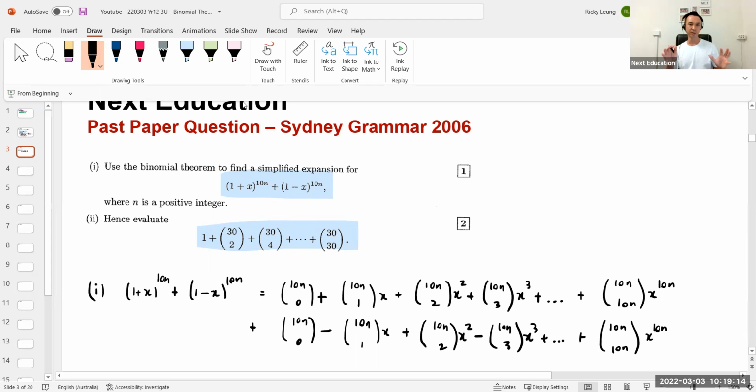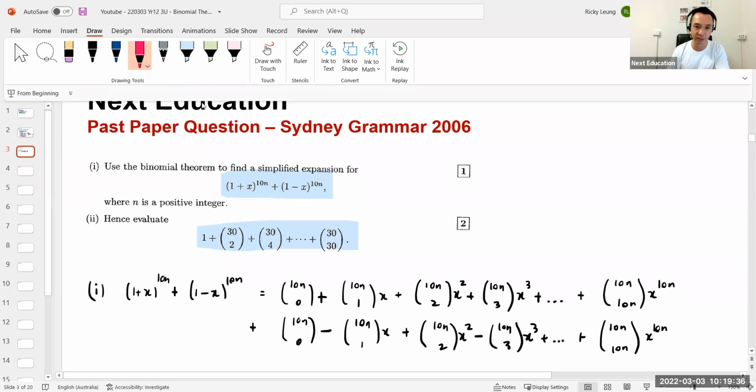Now, what's important here is, in the previous question, when it was just n, I didn't know whether n was even or odd. So therefore, I didn't know whether the last term was positive or negative when I subbed in negative x. 10 times n is definitely an even number because 10 is even. Any even number times an integer would be an even number. So the last number is even.